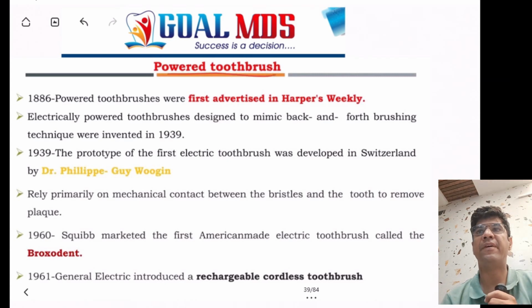The other is the powered toothbrush. They are electrically powered toothbrushes that are designed to mimic the back and forth brushing technique.